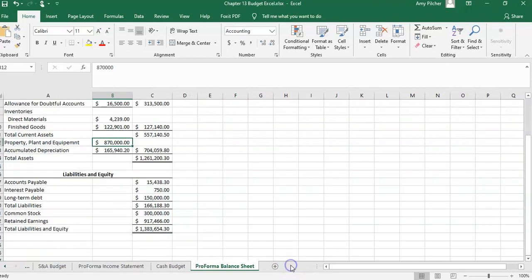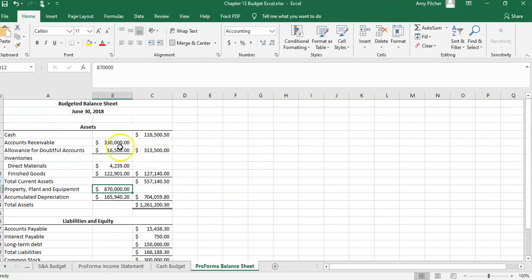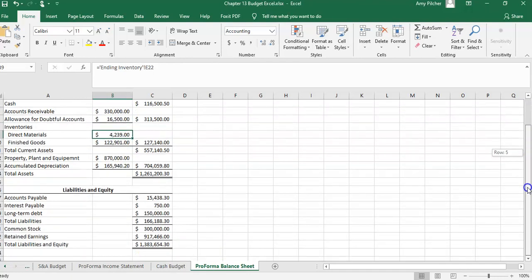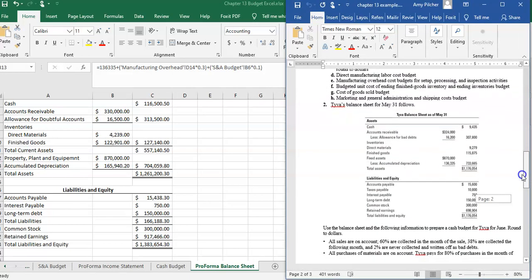We would use that information to create a budgeted balance sheet. So we have the cash, we have our accounts receivable, additions to allowance for doubtful accounts, our direct materials ending inventory, and our property, plant, and equipment we've created. I've also added the accumulated depreciation from our previous balance sheet.